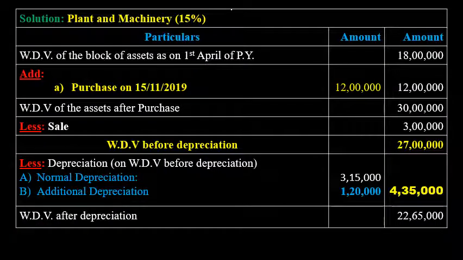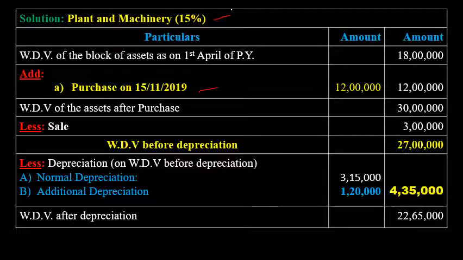So let me solve the problem. Only one block, that's plant and machinery, 15% rate of depreciation. Written down value of the assets as on 1st April of the previous year, 18 lakh. Then purchases on 15th November 2019, 12 lakh. And the written down value of the assets after purchase, 30 lakh.